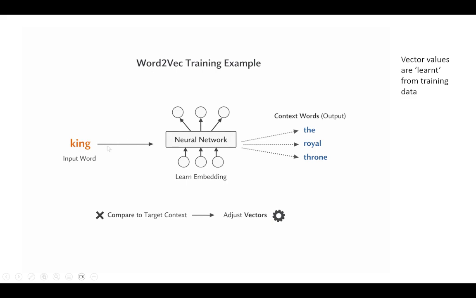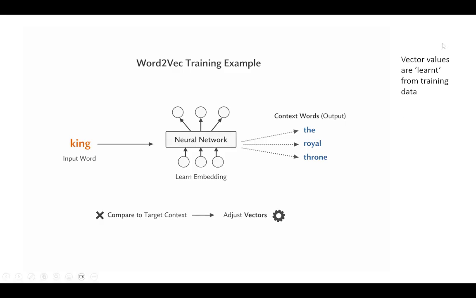It basically takes a word like king, and runs this embedding algorithm through a neural network, in the context of the training data that you have got. So it says that king appears in the context of throne, and so on and so forth, and it will adjust the vector values accordingly, and out come these vector values.